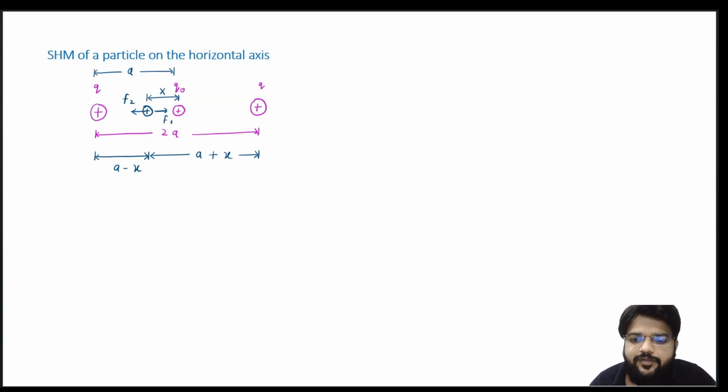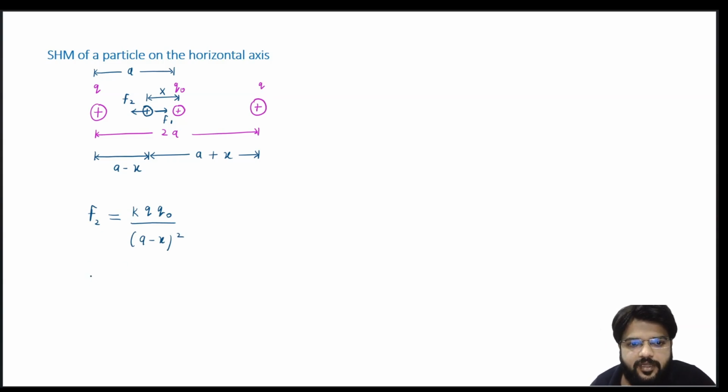Correct. So what is the value of F2, everyone? If I write F2 and F1, F2 can be written as K Q Q naught, and the separation between Q and Q naught is a minus x, so we will put a minus x whole square.